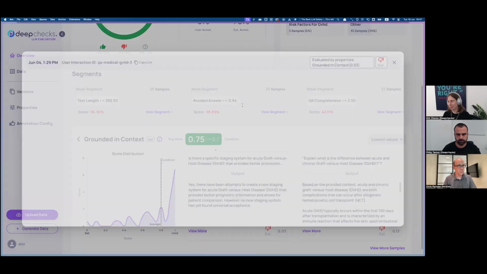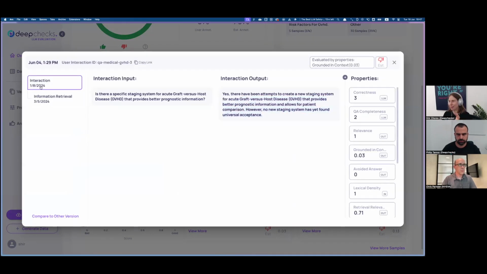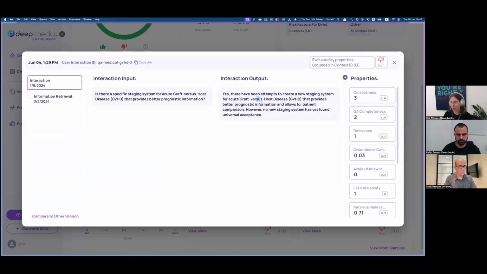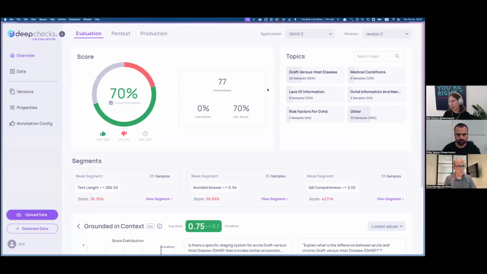Same here, in a different example where the information retrieval is very relevant, it's a relevant topic, but it doesn't include the specifics of a staging system in this case. So also here it would get a bad score. And the idea is really to be able to have multiple versions.